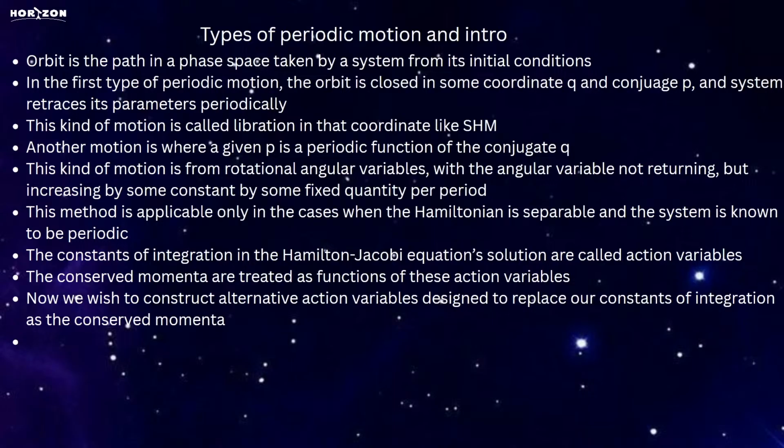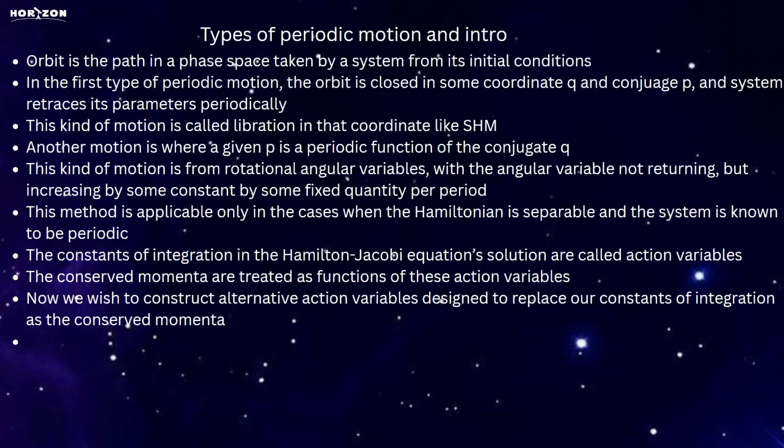Now, when we say periodic in this case, what we mean is periodic in the phase space, which is not necessarily in physical space, just in the phase space. So if P and Q are both periodic, then this kind of motion is called libration. For example, SHM is a case where both P and Q are periodic.